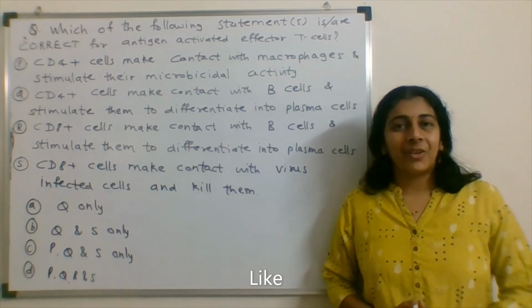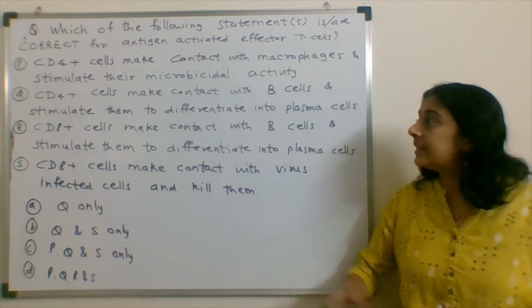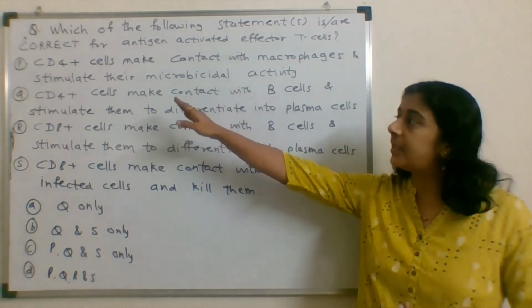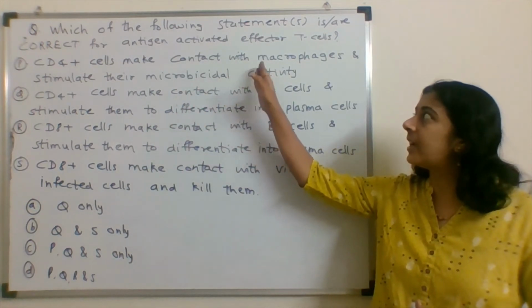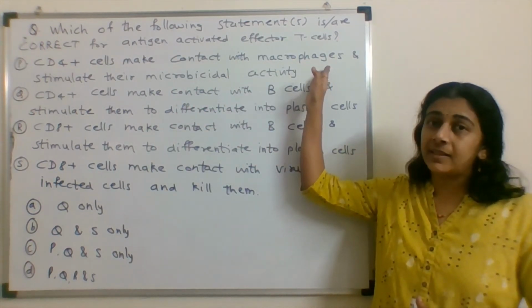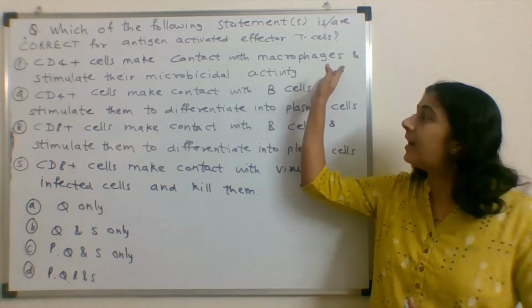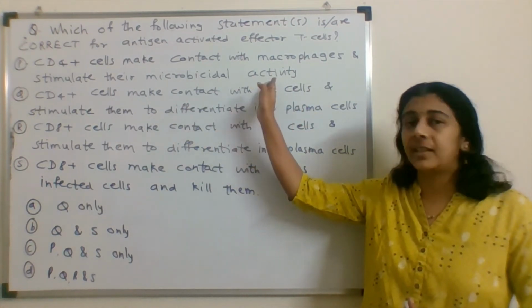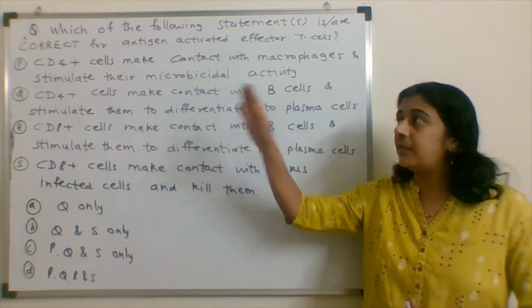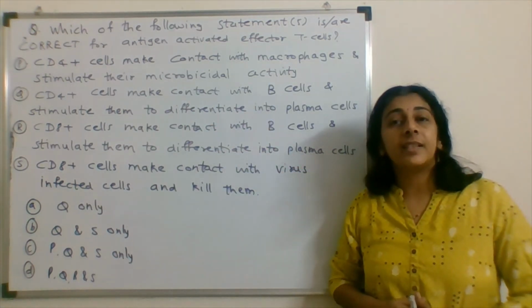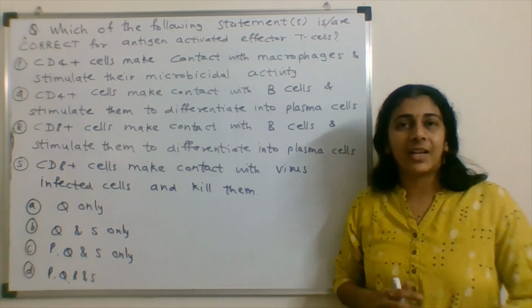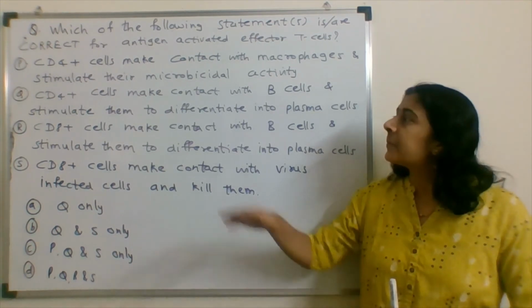After understanding all this, we will say that the first statement, CD4 plus cells make contact with macrophages. Yes, macrophage acts as an antigen presenting cell and CD4 plus cells stimulate their microbicidal activity. Yes, CD4 plus cells that are T helper cells will activate macrophages.